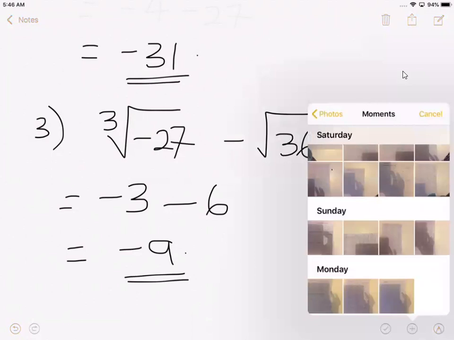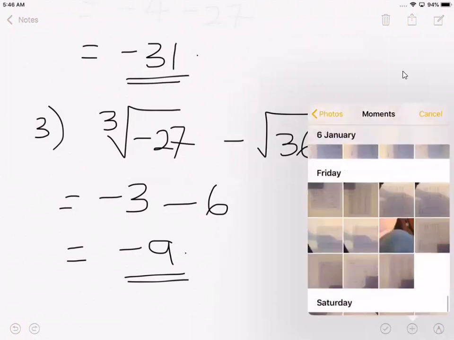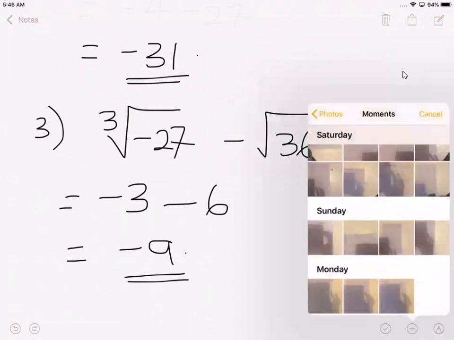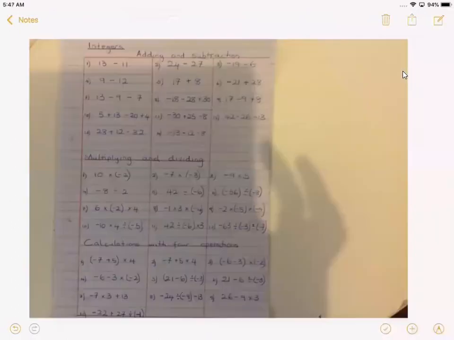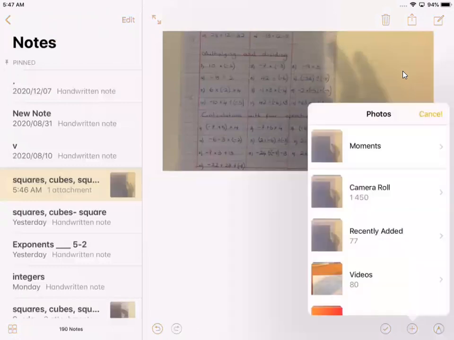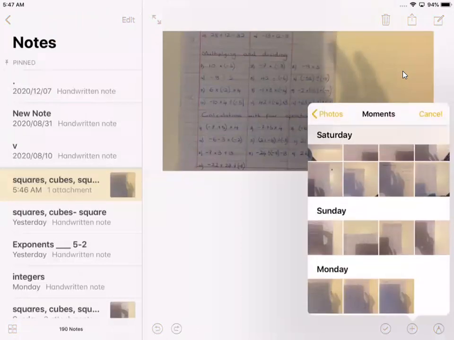Where's the exercise here? Is it this one? Not this one. How do I go back? Okay, let me leave it. That's not the exercise. I think this one.